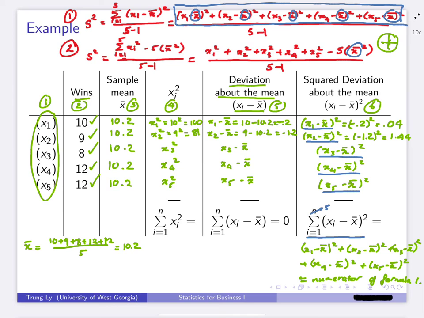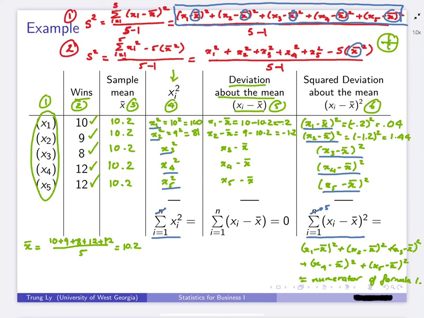Let's now look at column number 4, which is the column labeled xi square. The individual terms in this column are x1 square, x2 square, x3 square, x4 square, and x5 square. So if you sum up all these numbers, you get the summation of xi square for i going from 1 to n.